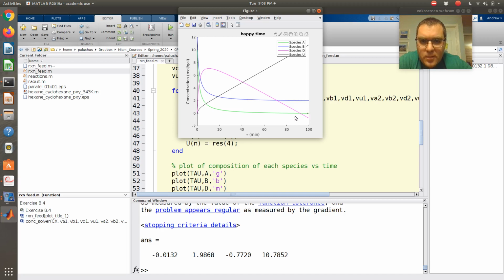Okay, and that's my limiting reagent. So it's going to be consumed to completion first. And here's my undesired species. And if I look at A, it looks like we're getting a value of A that's slightly negative.